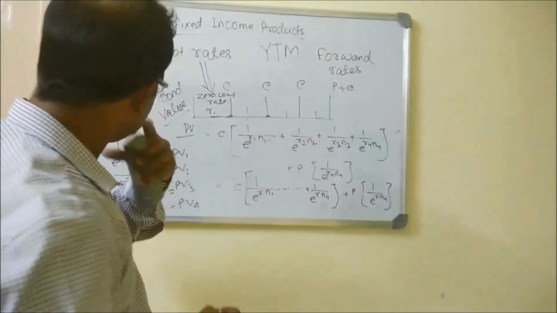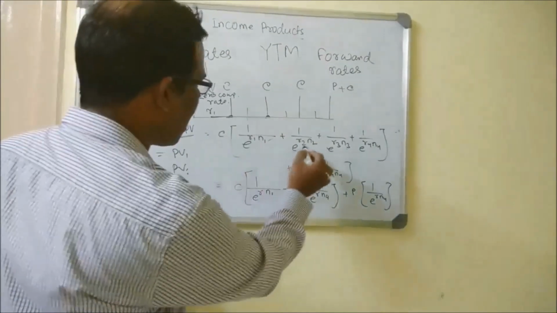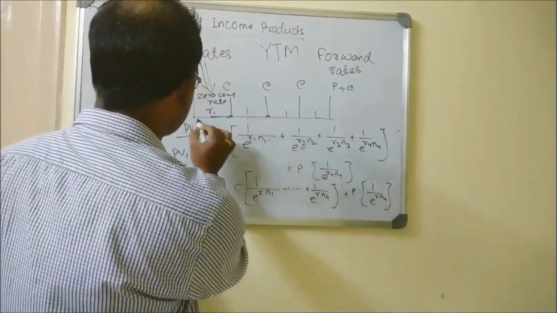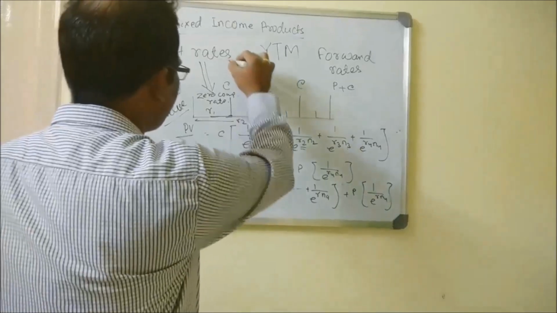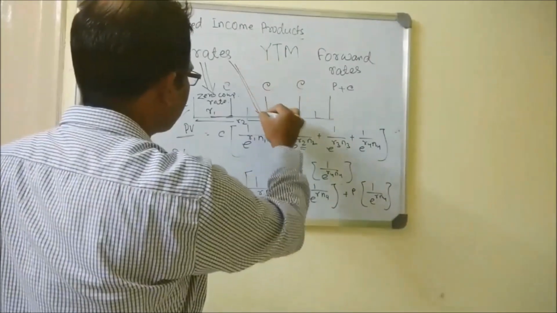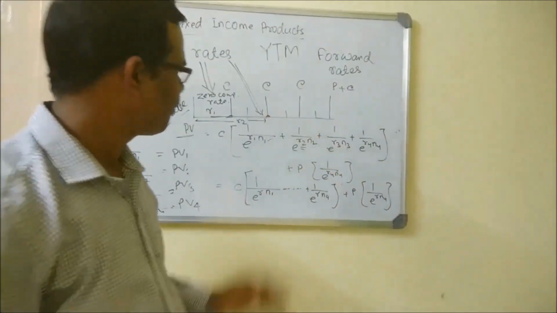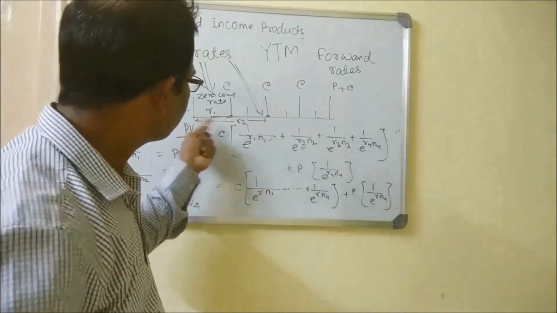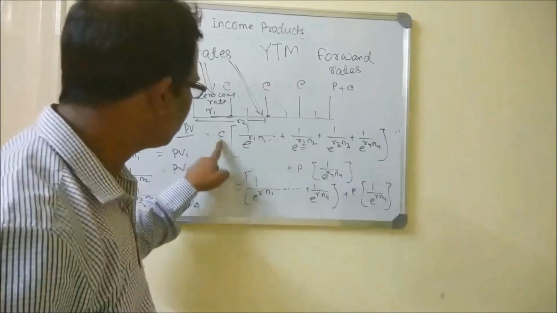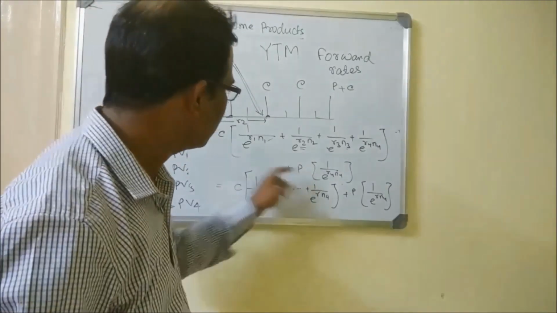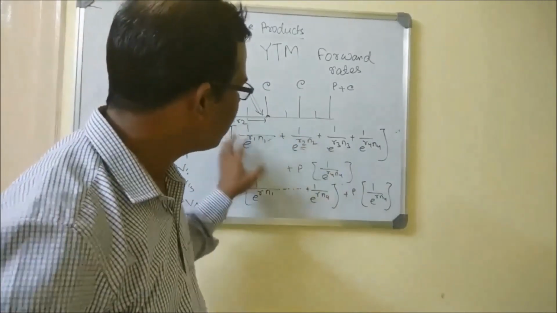Okay. And this R2, which is the interest rate for this period, that is spot rate for 1 year. So you know this R1, you know this N1 is the tenure, you know the coupon, you know the face value, and R4, everything is known.